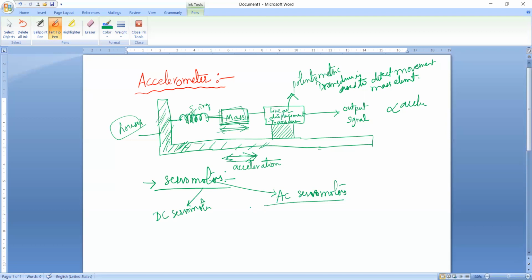DC servo motors are again divided into two types: field controlled DC shunt motor and armature controlled DC shunt motor.